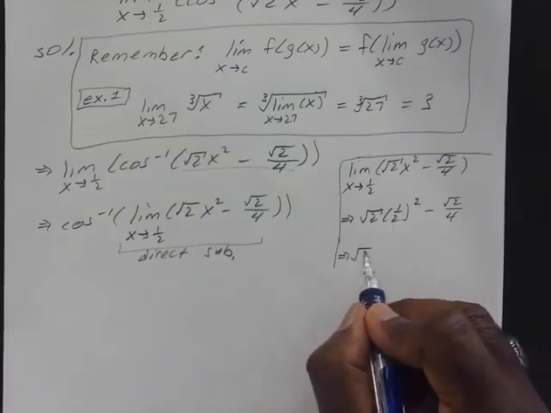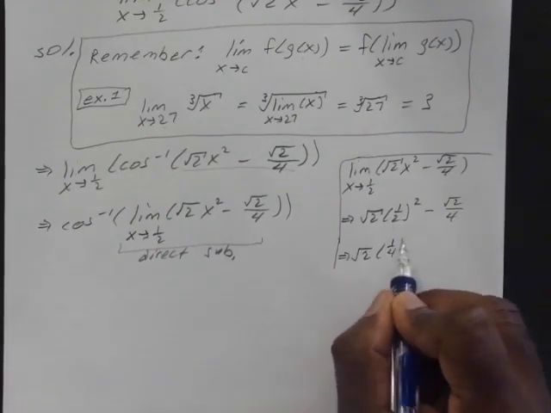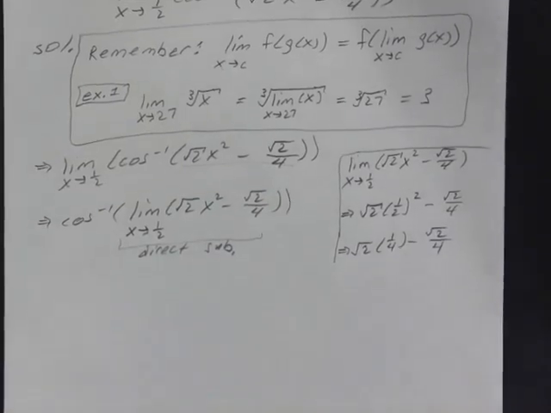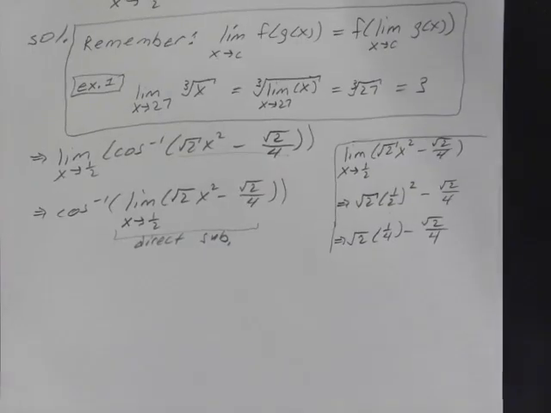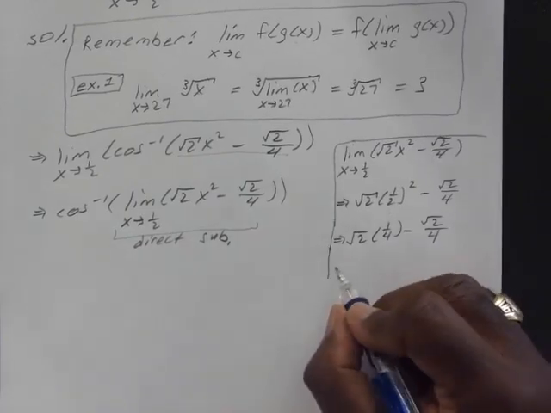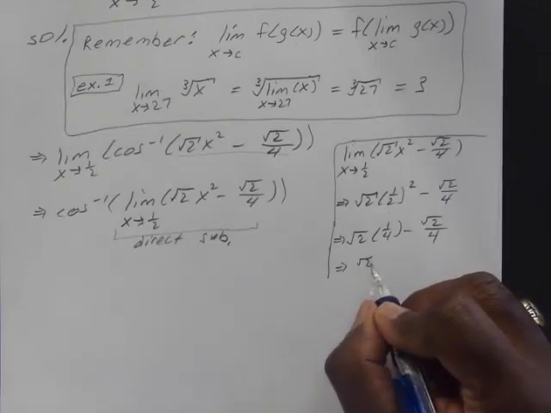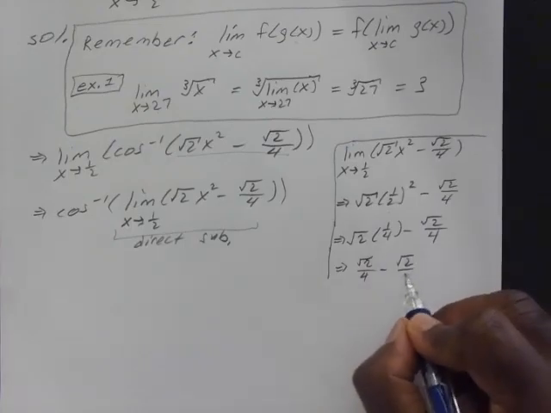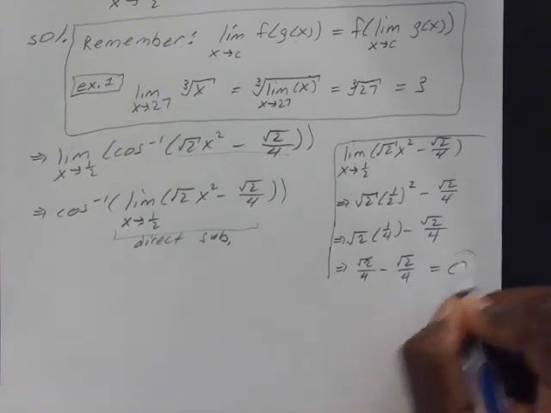So we have square root of 2 times 1/4 minus square root of 2 over 4. Okay. Well, square root of 2 times 1 over 4 is really just square root of 2 over 4 minus square root of 2 over 4, which is equal to 0.